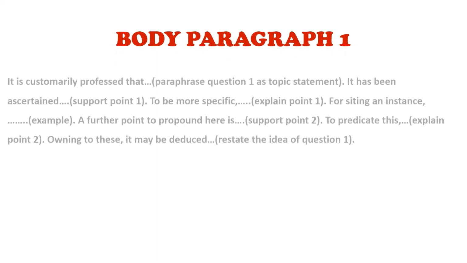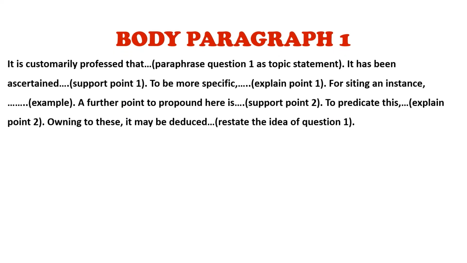Next is our body paragraph 1. Body paragraph 1 is going to be about question number 1. So the first topic statement will be your question number 1, to show that this paragraph is about that particular question. The topic statement here should be very clear to let the reader know which question you are attempting first. So, it is customarily professed that.